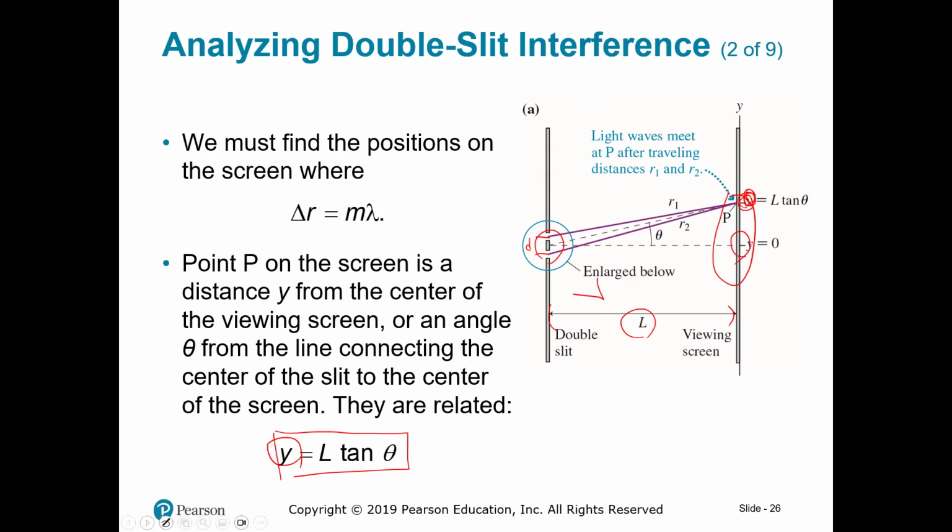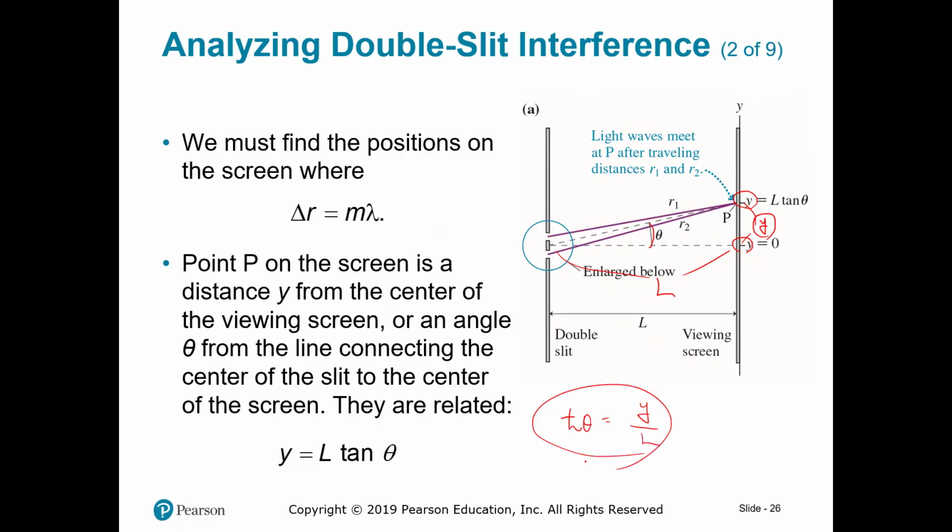We have a maximum here, we have another maximum here, and we define this distance as y. Now you see this is the angle theta, and the distance between the slit and the screen is L, and tan theta, tangent theta, is y over L, right?